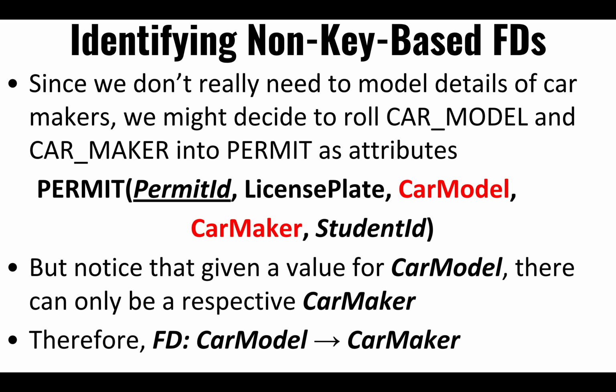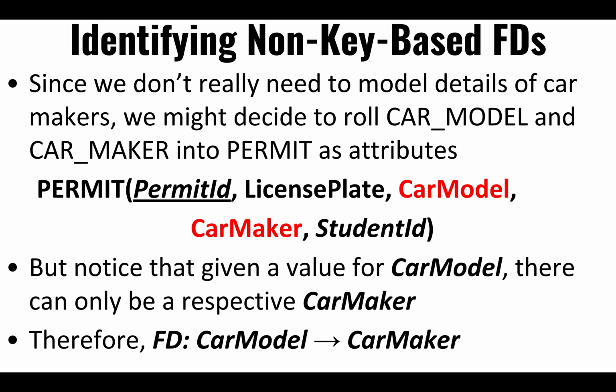This might have been a sensible choice, right? It would have been a naive choice, but maybe an okay choice. Notice that we have a car model and the car maker in the same table, right? Now, with our knowledge of the way cars work, we immediately identify this as a functional dependency.